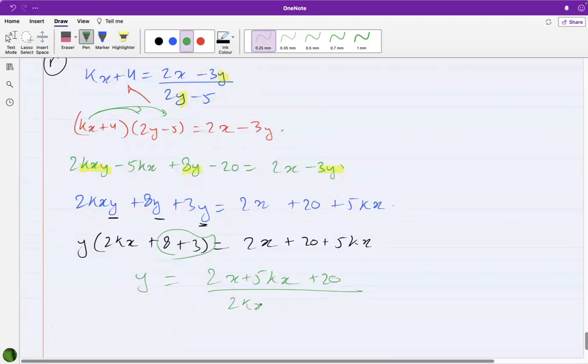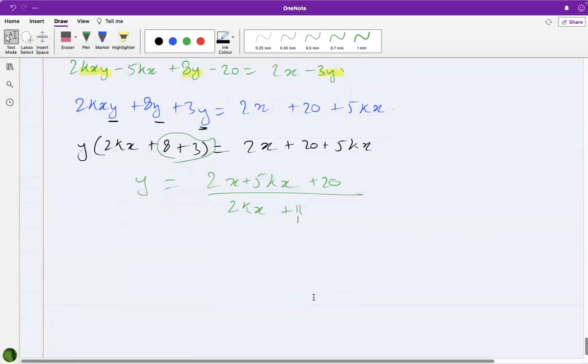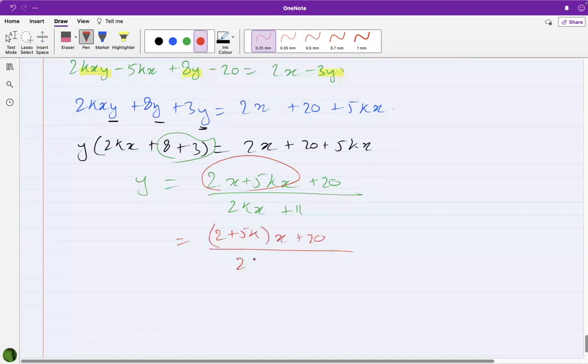So 2kx plus 11. Now we may have different arrangements. This is one of the possible answers. The other could be taking out common, so that could be (2 plus 5k) into x plus 20 over 2kx plus 11.